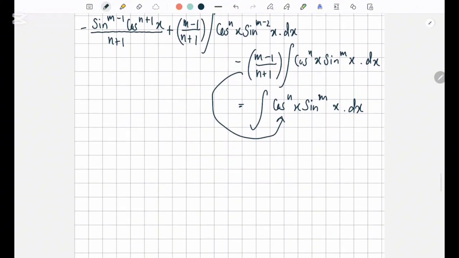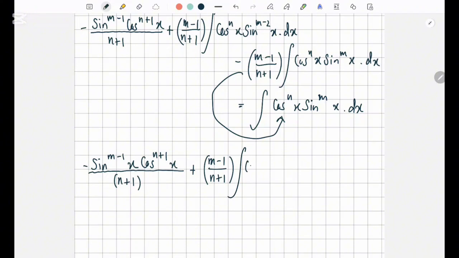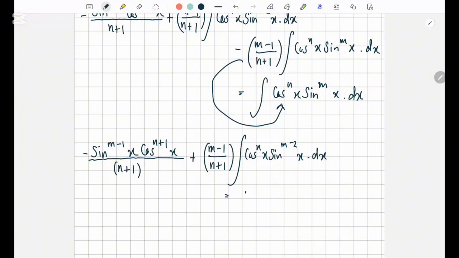So you'll have minus sine x to the power m minus 1 into cos x to the power n plus 1 over n plus 1 plus m minus 1 over n plus 1 into the integral of cos x to the power n into sine x to the power m minus 2 dx equals 1 plus m minus 1 over n plus 1 into the integral of cos x to the power n into sine x to the power m dx.